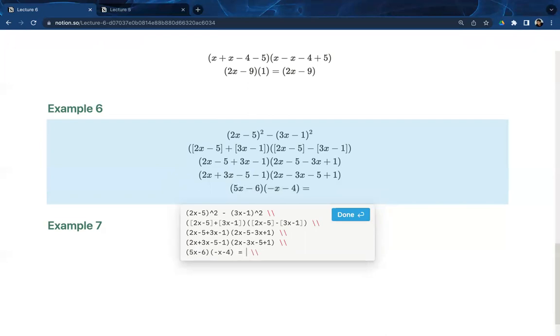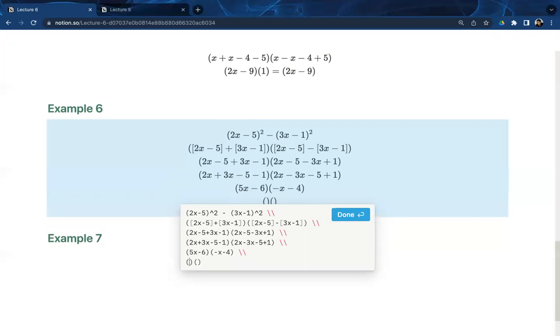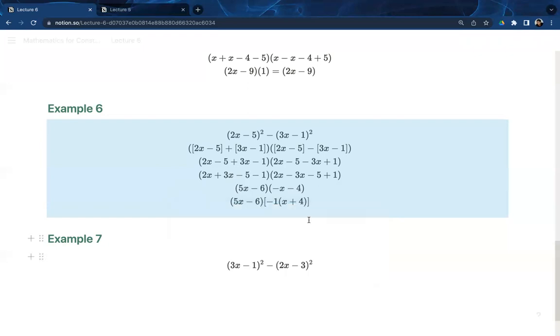Now you really wouldn't leave your answer like that, right? What you do, 5x minus 6, you factorize the minus 1. You put this in brackets here, into x plus 4. If you factorize minus 1 from these two terms here, you get minus 1 into x plus 4.